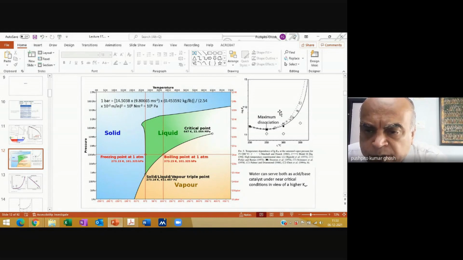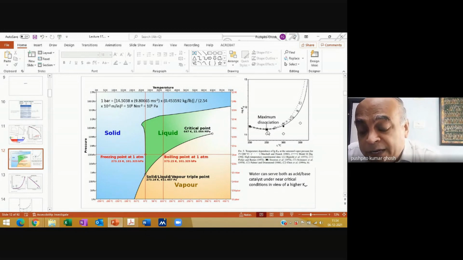So what it means is that in this domain, water itself can act as an acid and base at this point, and it just becomes more acidic or more basic. So you may be able to carry out some reactions which normally require addition of some acid or base catalyst under these conditions without adding any acid or base.